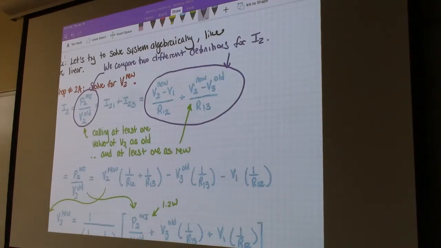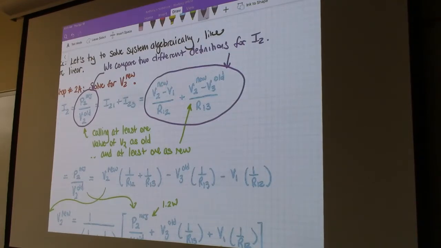We know that I2 is equal to P2 over V2. We know that I2 is also the sum of the individual currents. So this is essentially a constraint, right? The constraint is I2 must equal I2. Obviously, anything has to equal itself.